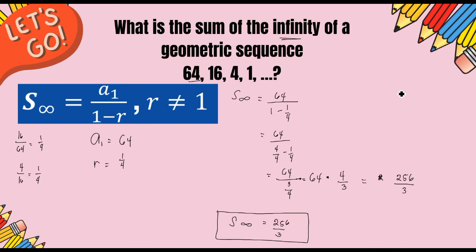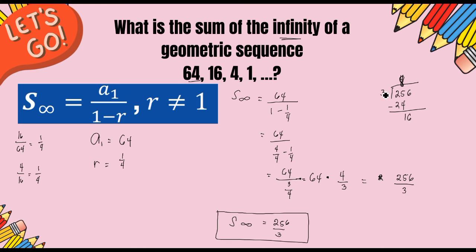Kasi, kung gagawin natin siyang decimal, kung i-divide natin, ayan, 256 divided by 3. So, 25 divided by 3 is 8. 8 times 3 is 24. 25 minus 24 is 1.